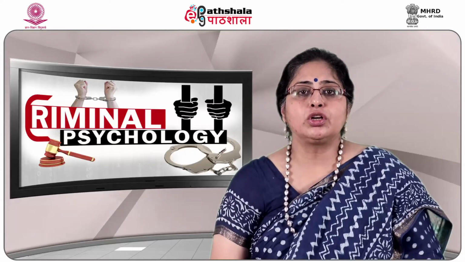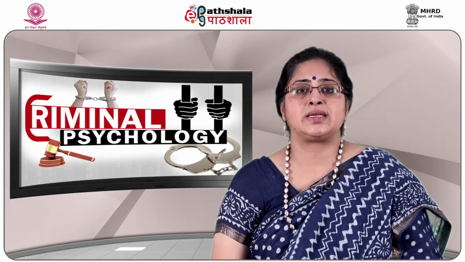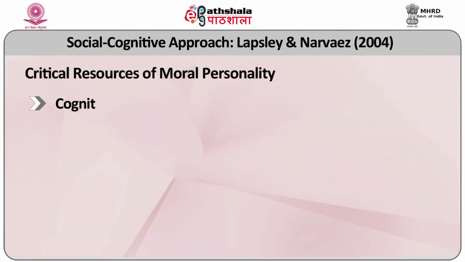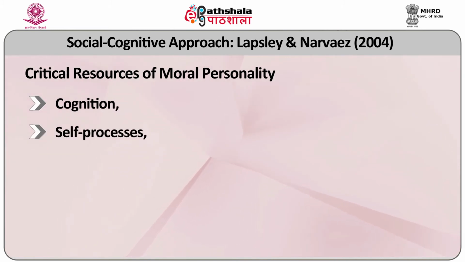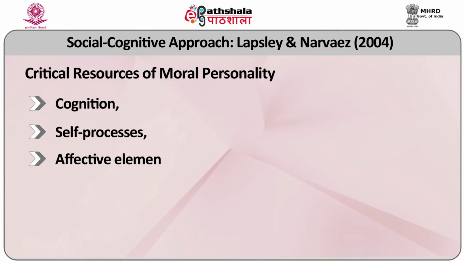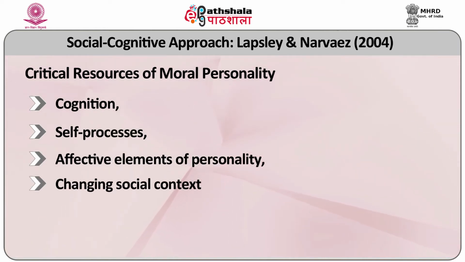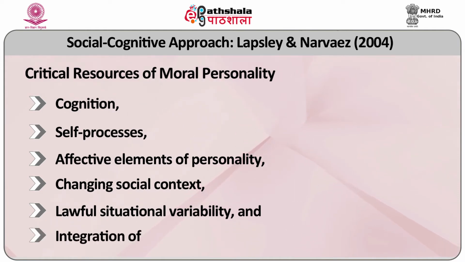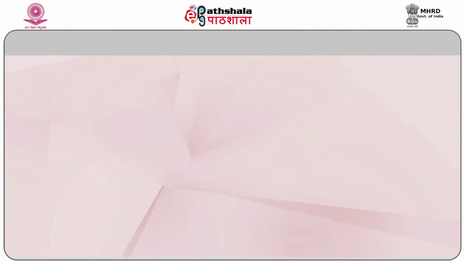The social cognitive approach to personality has 6 critical resources of moral personality: cognition, self-processes, affective elements of personality, changing social context, lawful situational variability, and the integration of other literature.